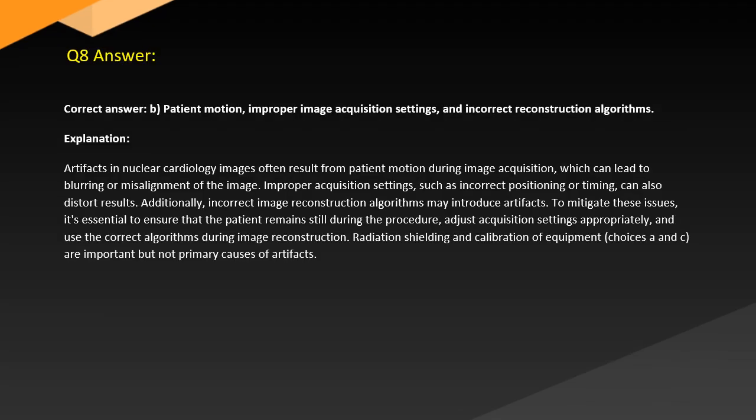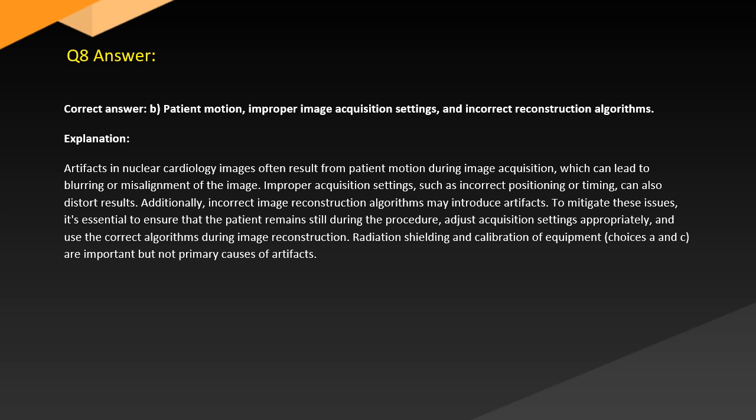Answer. Correct answer: B. Patient motion, improper image acquisition settings, and incorrect reconstruction algorithms. Explanation. Artifacts in nuclear cardiology images often result from patient motion during image acquisition, which can lead to blurring or misalignment of the image. Improper acquisition settings, such as incorrect positioning or timing, can also distort results.